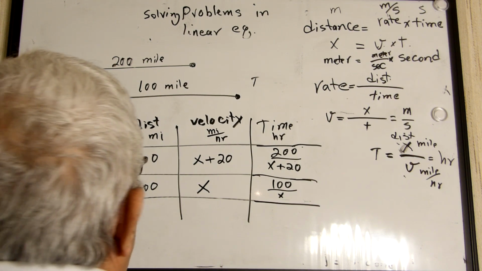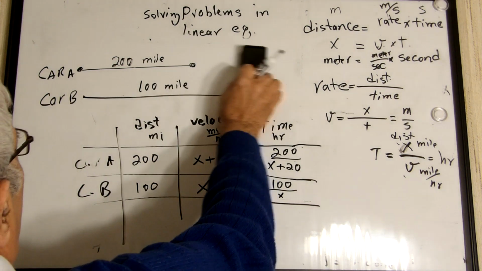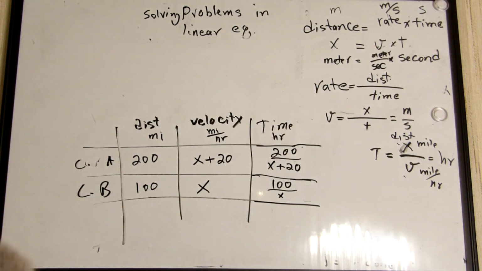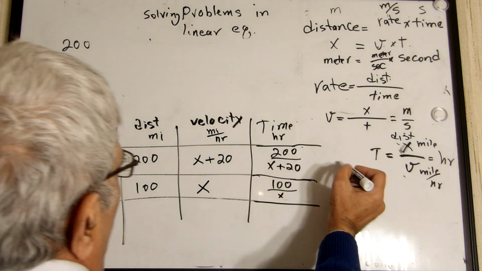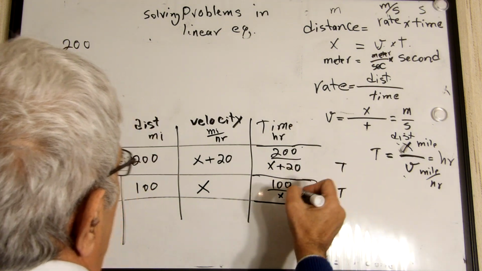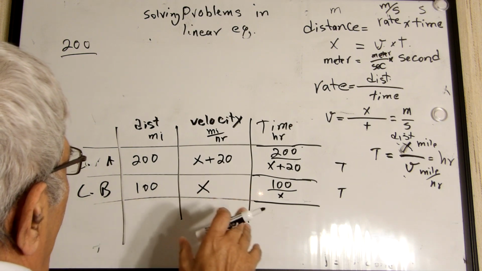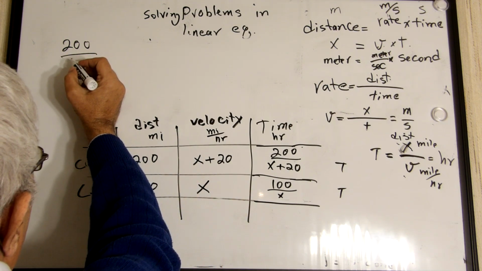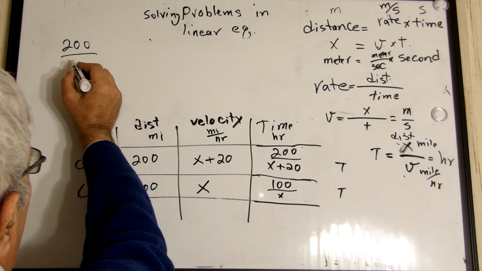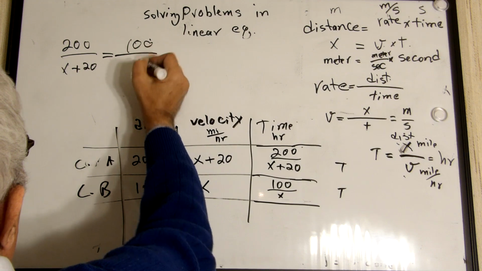So if we set these two equal to each other, you see 200, their t is the same. We set these two equal, we are going to find out the rate. What was the velocity of each car? 200 divided by x plus 20 is equal to 100 over x.